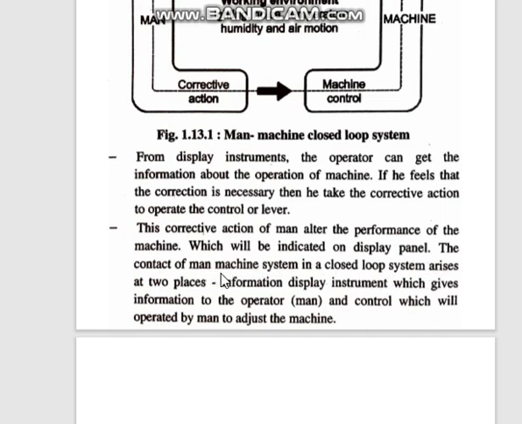The contact of man machine system in a closed loop system arises at two places: the information display instrument, which gives information to the operator, and the control, which will be operated by man to adjust the machine. The information display of the instrument shows us, for example, when you are braking, the speedometer speed is reducing, maybe from 100 kilometers per hour to 30.